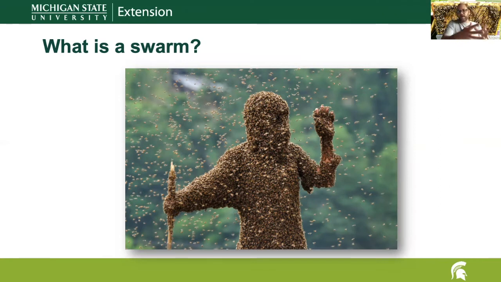And what they leave behind is a virgin with workers and brood and food in the old hive that they've swarmed from. Essentially what's happening is one hive is turning into two. As beekeepers, we really never want our bees to swarm because we're essentially losing half of our bees. So understanding how and why bees swarm is going to help you prevent that loss and really capitalize on this impulse to reproduce.